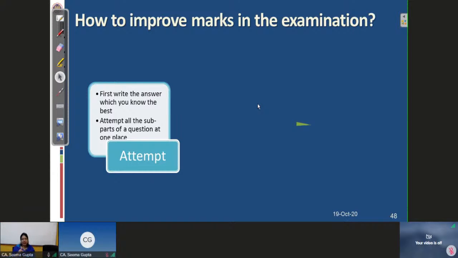It should not be like that we attempt 1A first, then 1D, then 2A, then 1C. Because if you do like this, I'm not sure whether the examiners will be giving you marks for the later parts which you are attempting after question number 2. They are not bound to give you marks for that.